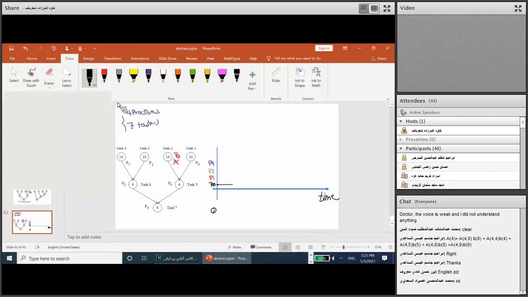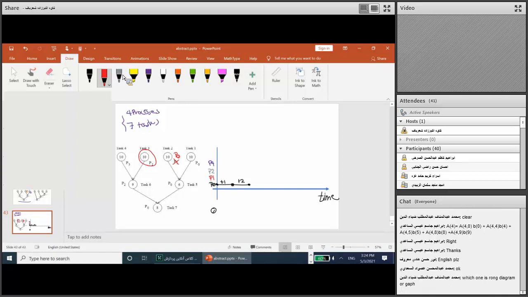Task 1 is executed in this interval. After task 1 ends, pay attention, task 2 starts, but in parallel using P2 starts task 3, and in parallel using P3 starts and ends task 4.